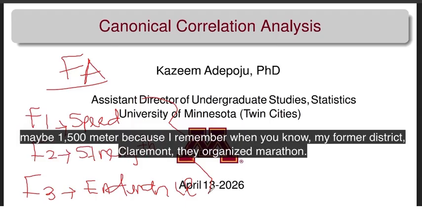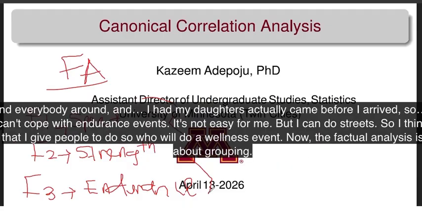Because I remember in my former district, Plymouth, they organized a marathon and everybody came around, and my daughters actually came before I arrived, so I can't cope with endurance events. It's not easy for me, but I can do sprints. So I'll give kudos to those who do endurance events.